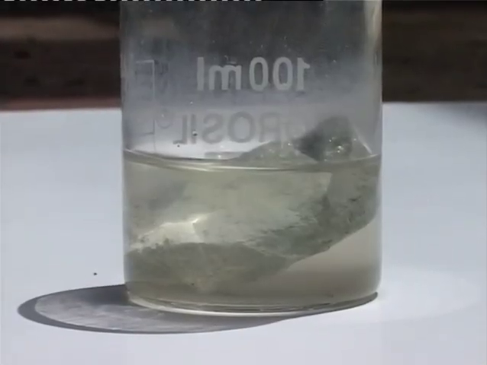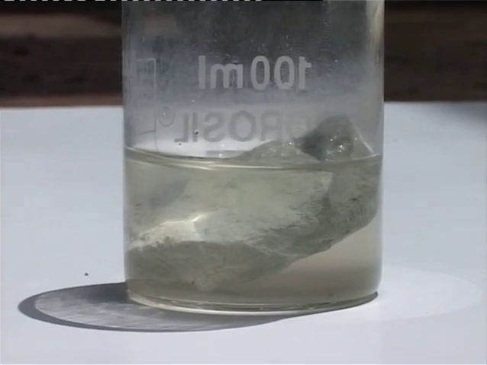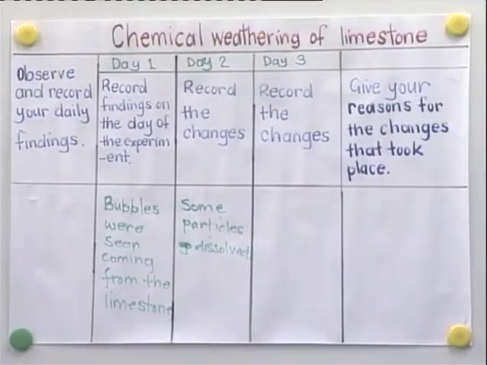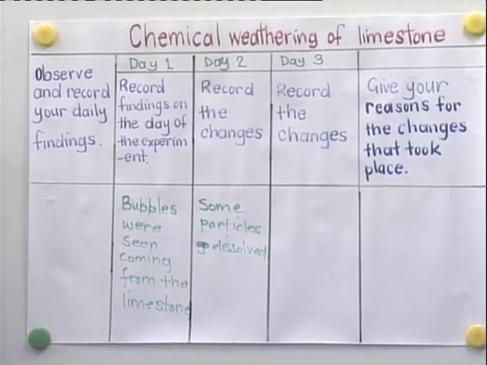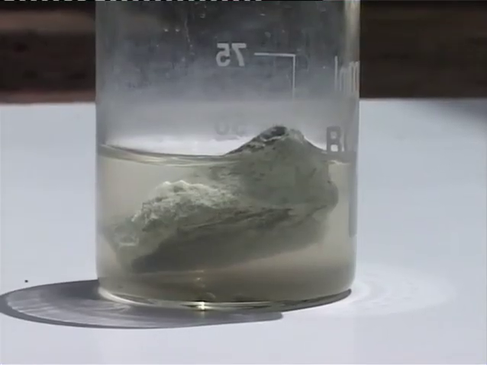Because the water was a bit cloudy, dirty, showing that some of the particles were dissolved. Okay, very good, thank you. So that's an indication, Messi says, because of water that looks cloudy. So she says some parts or some particles were dissolved from the limestone.